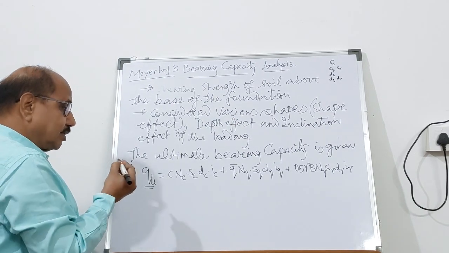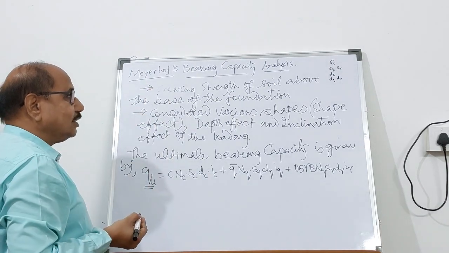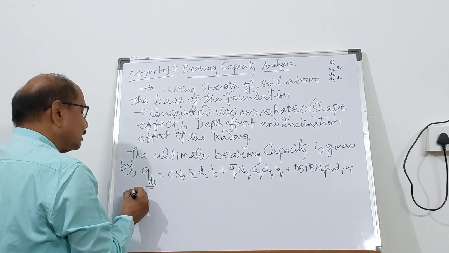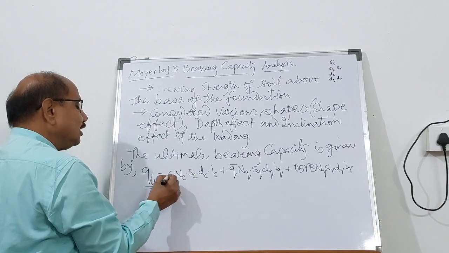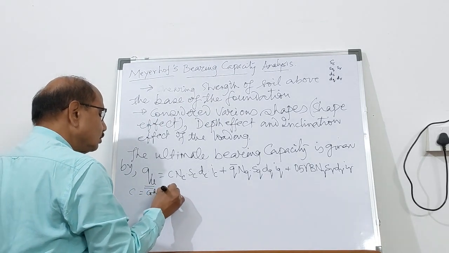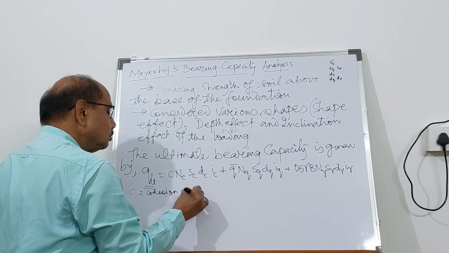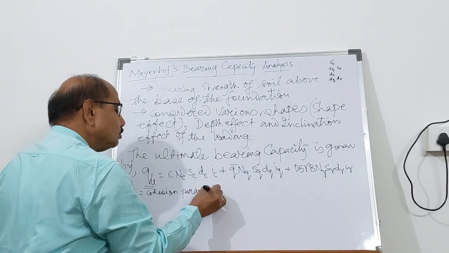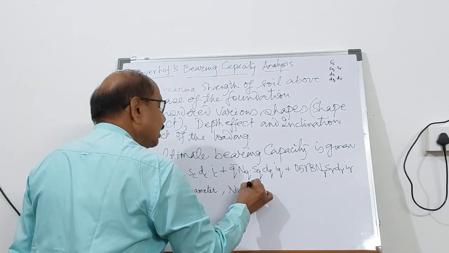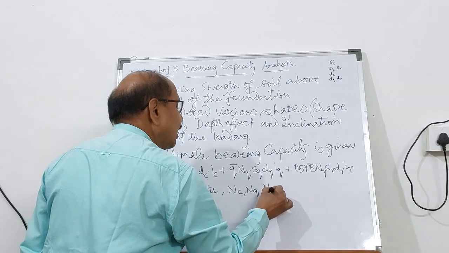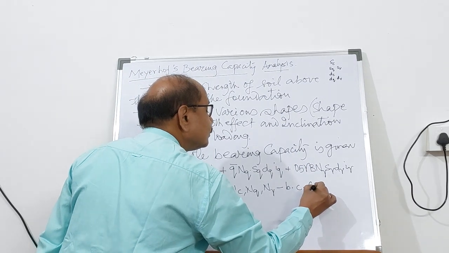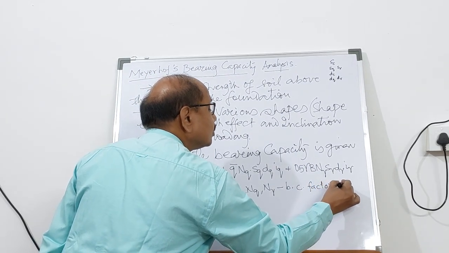and it's a considerable improvement over the Terzaghi's bearing capacity equation, where c, you already know, c is the cohesion parameter, Nc, Nq, N gamma, these are bearing capacity factors, and these are the function of phi.